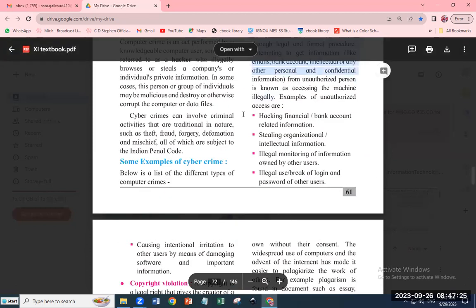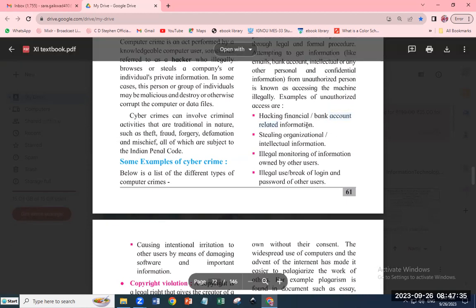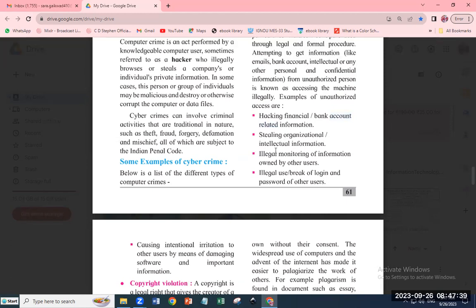So what are the examples of unauthorized access? First, hacking financial bank account information, right? Hacking bank accounts is one of the unauthorized accesses. Second, stealing organizational or intellectual information. I have an organization, and that organization has some intellectual information, so I log into their account and steal it.